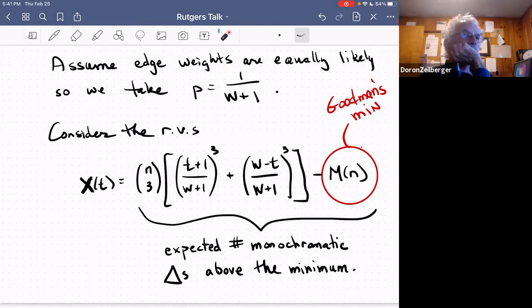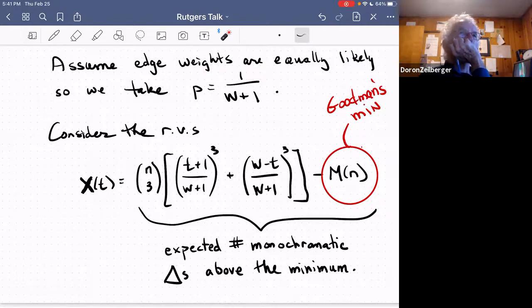So they used P as 1 over W plus 1. I would argue that it's better to consider the distribution of Hamming distances, which is binomial. And so you should look more for binomial here. But they just used this, I guess, to convey their method.